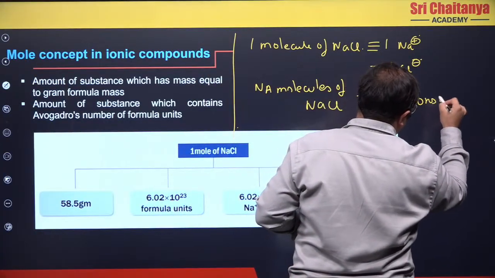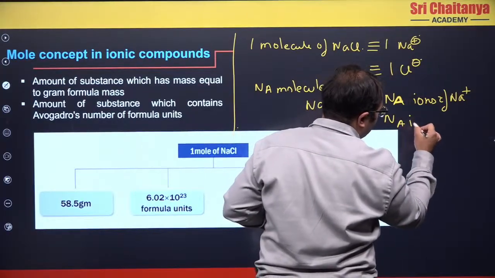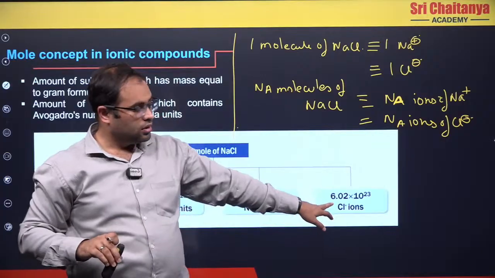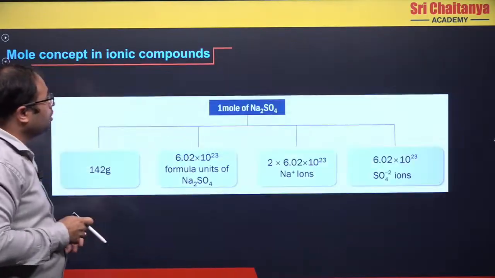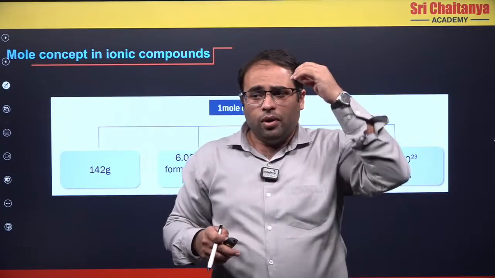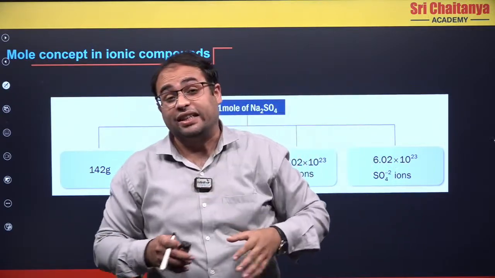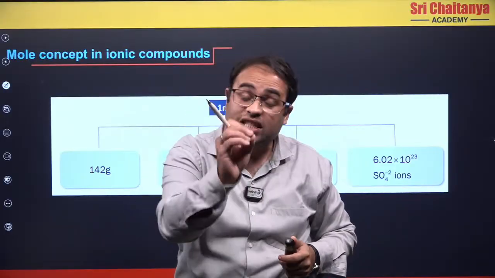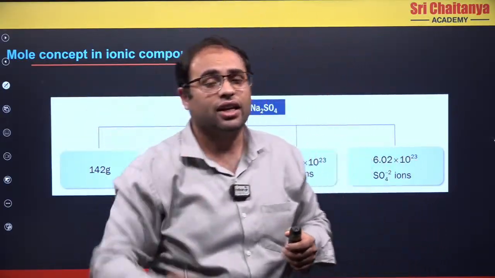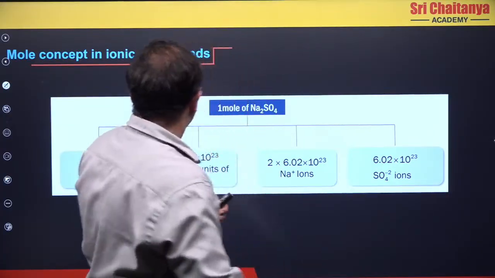Ions of Na+ or Na ions of Cl minus, right? That is what is written here. So by now, if I say mole, in your mind you should visualize that it means 6.023 into 10 raised to the power 23 atoms, eggs, tomatoes or onions, right?